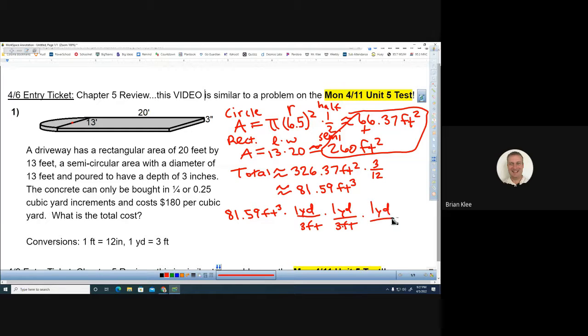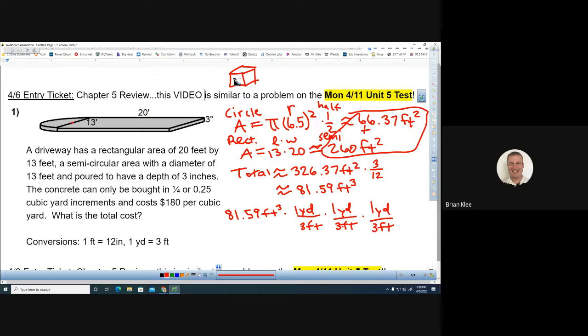The reason I need to do that, I need to cancel out cubic feet. And if you stop and think about it, all right, there's square feet. That would be a cubic foot.